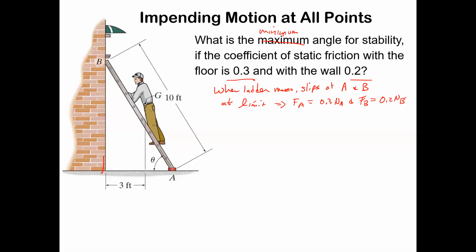If it's starting to slip, both of those points are going to be at their maximum friction values. Sometimes I wonder, is it true? Could it be at the limit of one and not the other? But if it's slipping, they both have to be at their limit. Knowing that allows us to solve the equilibrium equations that get us to that point.